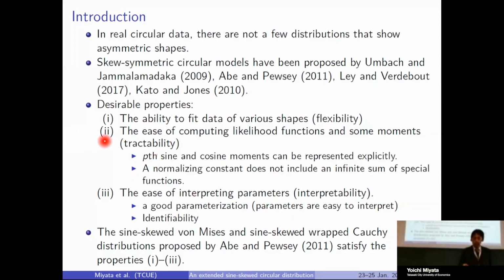The second is the ease of computing the likelihood function and some moments. The third is the ease of interpreting parameters, for example, a good parameterization and identifiability. The sine-skewed von Mises and sine-skewed wrapped Cauchy distributions proposed by Abe and Pewsey satisfy properties 1 through 3.